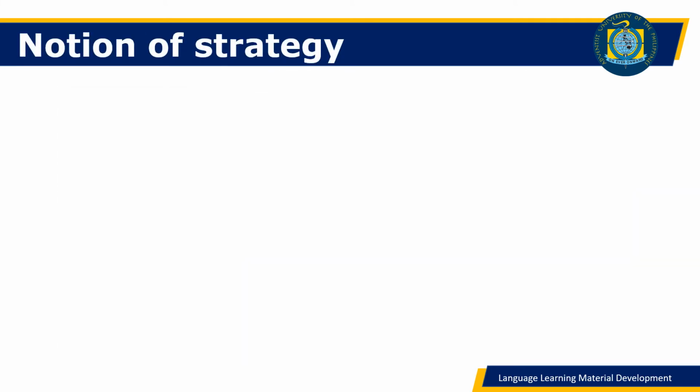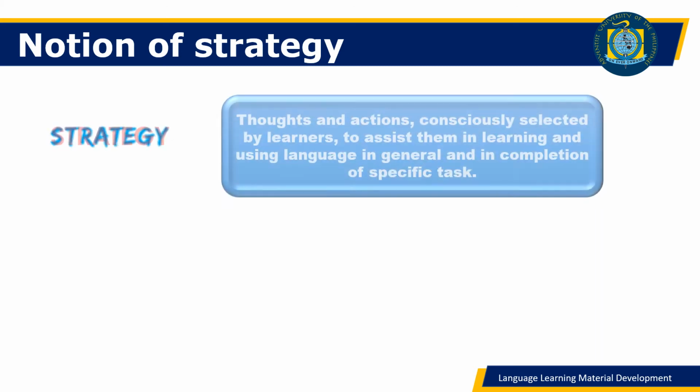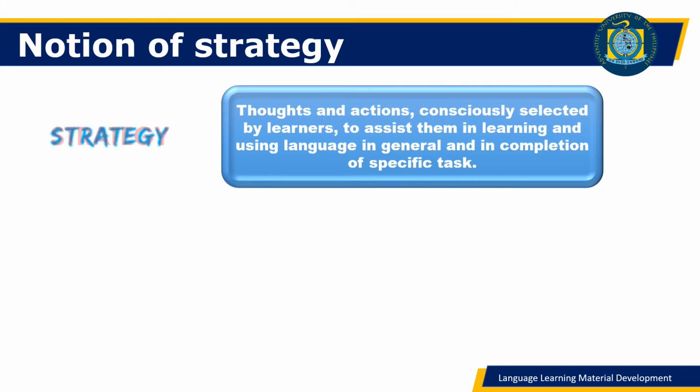Let us now move on to the notion of strategy. The accepted definition is that language learning strategies can be defined as thoughts and actions consciously selected by learners to assist them in learning and using language in general and in the completion of specific language tasks.